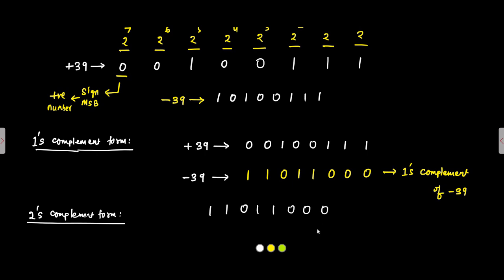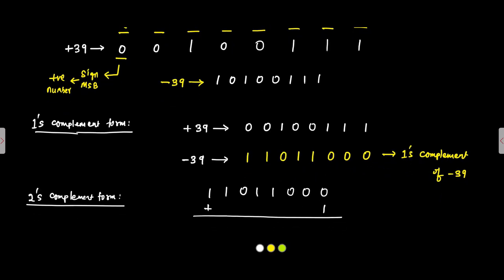We'll add a 1 to the LSB, so we'll have 1 1 0 1 1 0 0 1. This is the 2s complement representation of minus 39.